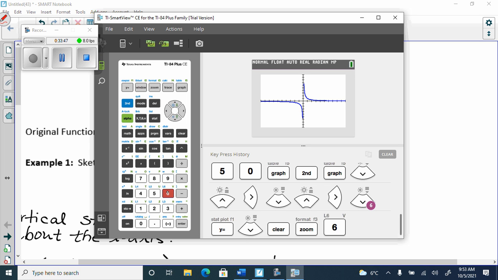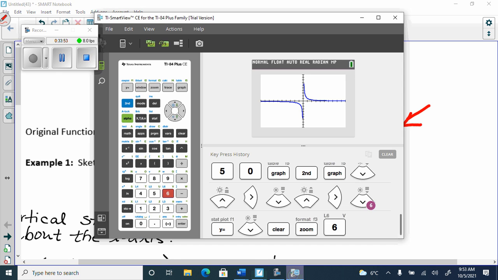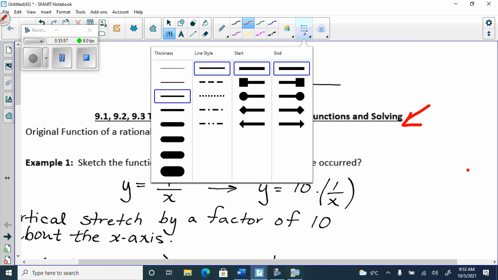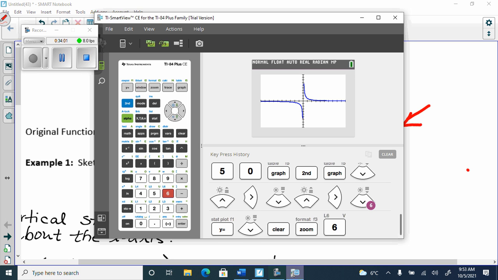You're going to write it in the parent function on your notes right here, but I'm going to write it on the graph because we're going to see it. We have an asymptote running here, which is the y-axis. The y-axis is what equation? x equals 0. And then this one is the x-axis, which is what equation? Which one of these is horizontal?